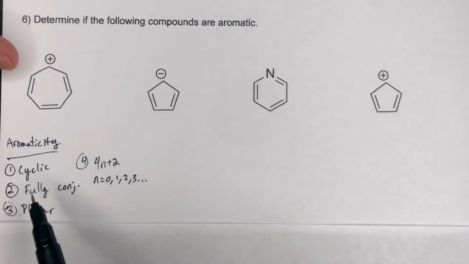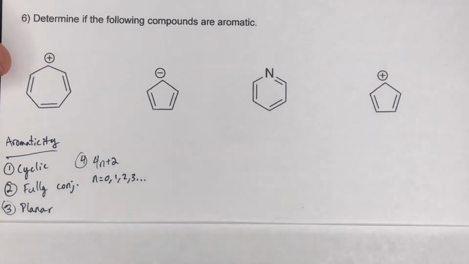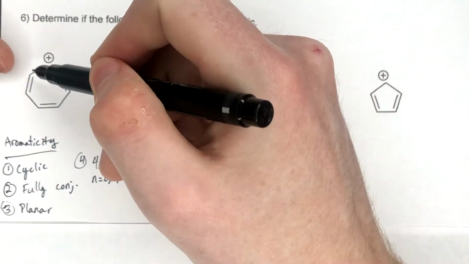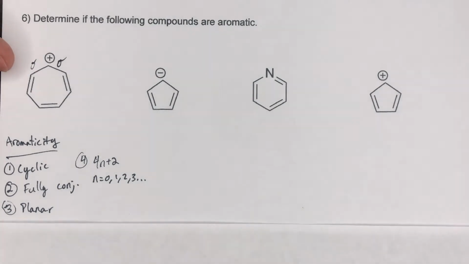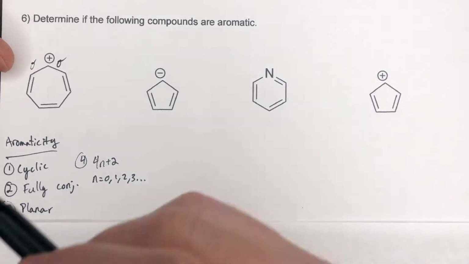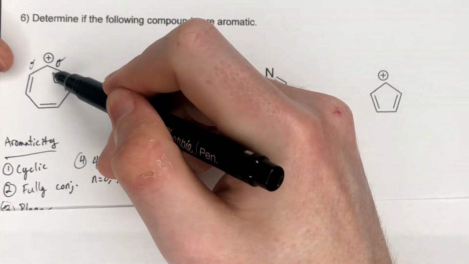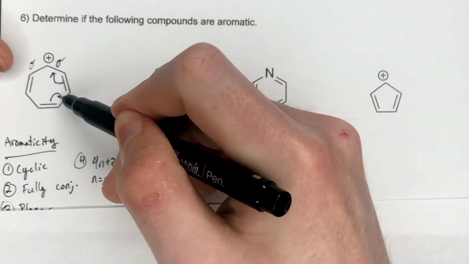Looking at molecule 1, it is cyclic. It doesn't really look to be fully conjugated because we have this sp3 here, right? Those 2 single bonds in a row. But notice the pi bonds can delocalize like this.